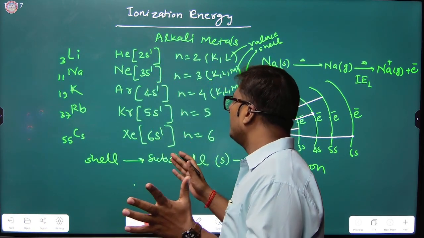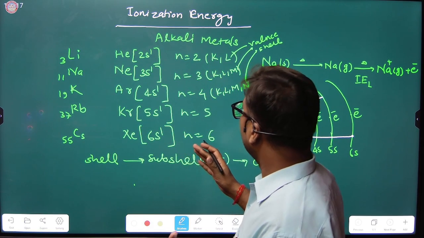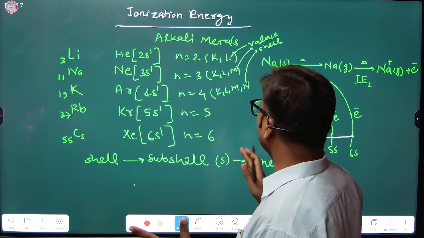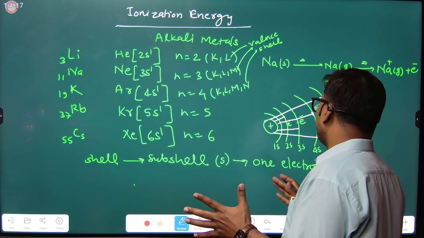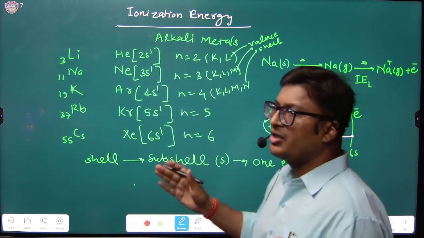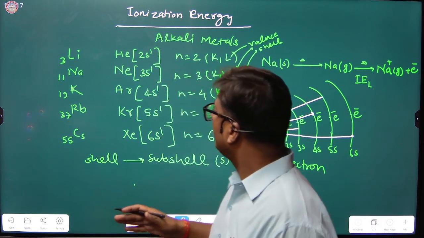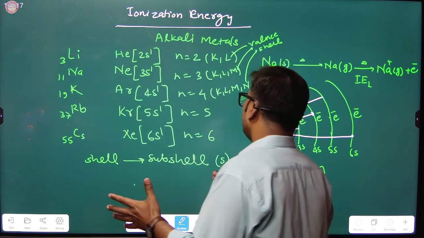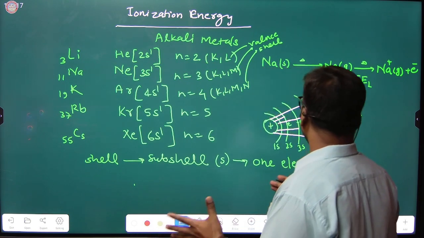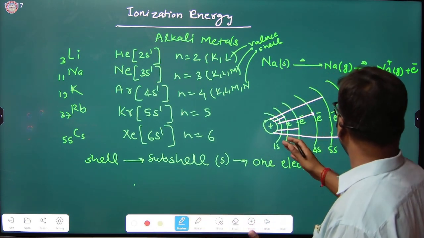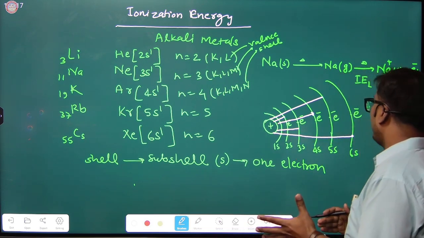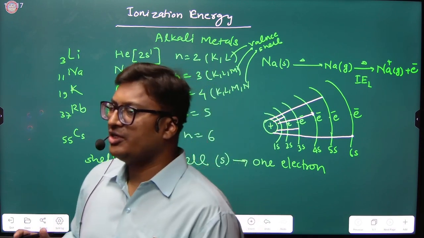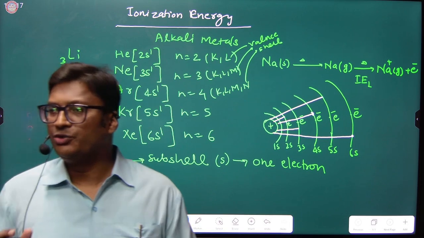The outermost electron of sodium experiences a little lower nuclear force because of the increased distance from the positive charge. In potassium there is a further increase of the distance, so the electrostatic force is further reduced.